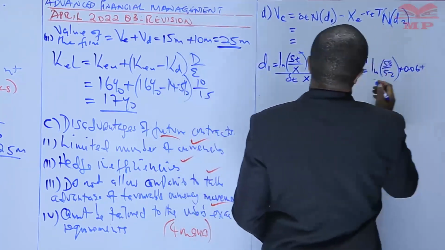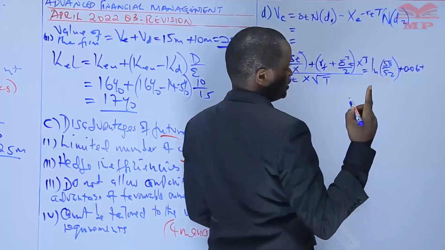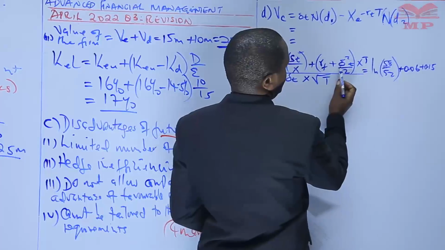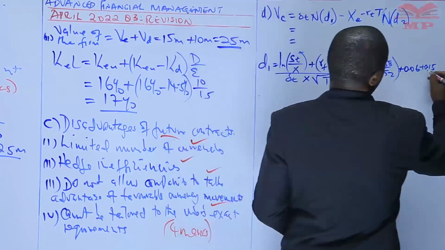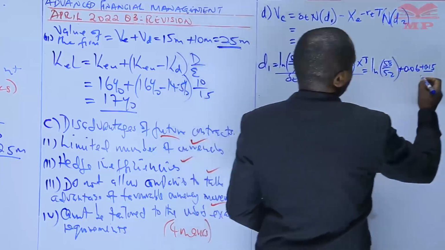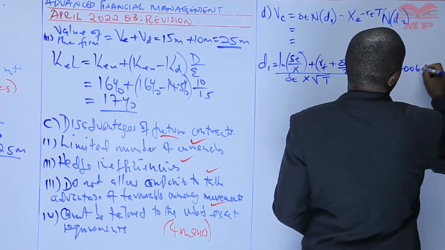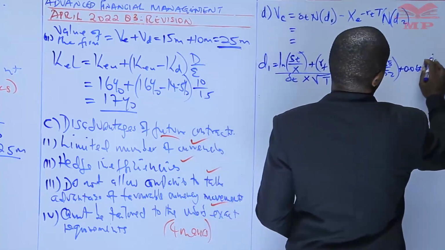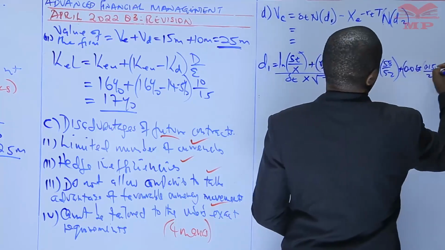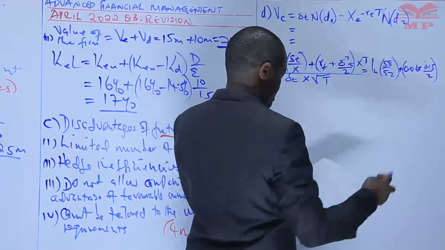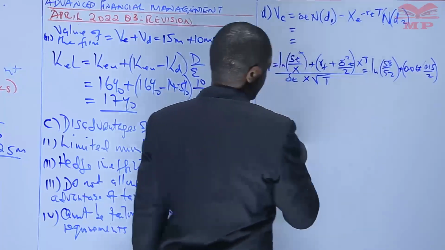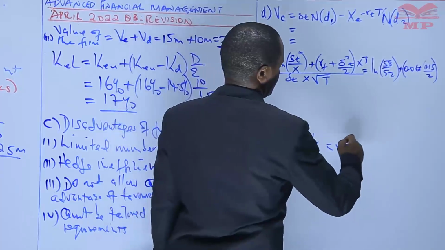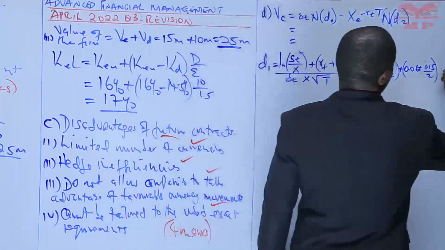Then we add the variance, 15%, converted into decimal 0.15. We divide the variance by 2, then multiply by time. The time here is 6 months, 6 over 12, which is equal to 0.5.